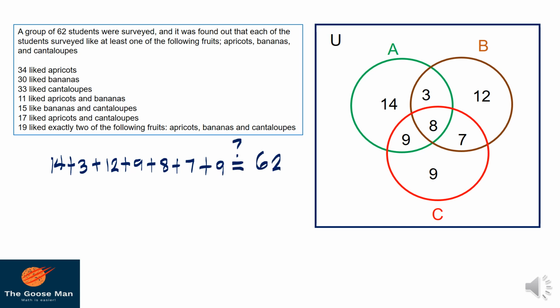Why 62? Because according to the problem, there are 62 students. By checking, the sum is 62. Alright. So it means that this is the correct illustration, or the Venn diagram, of the word problem.